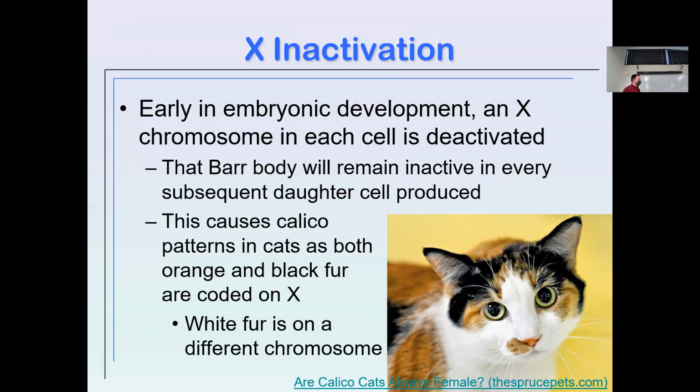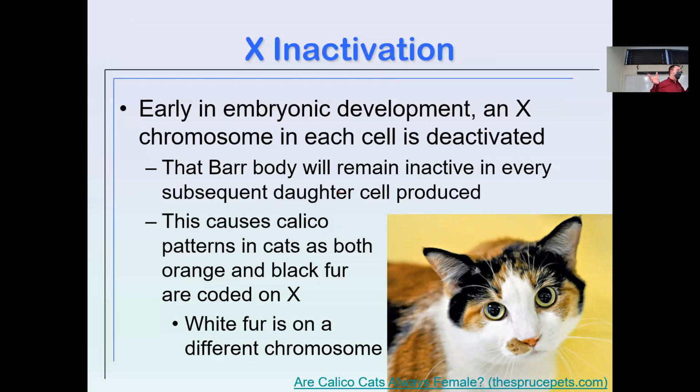So different cells within each animal are going to have a different X chromosome either on or off. What we've been able to figure out in domestic cats is what we refer to as the calico pattern. The black and orange fur color is coded on the X chromosome. Remember, in some cells one X chromosome presents, and in other cells the other.